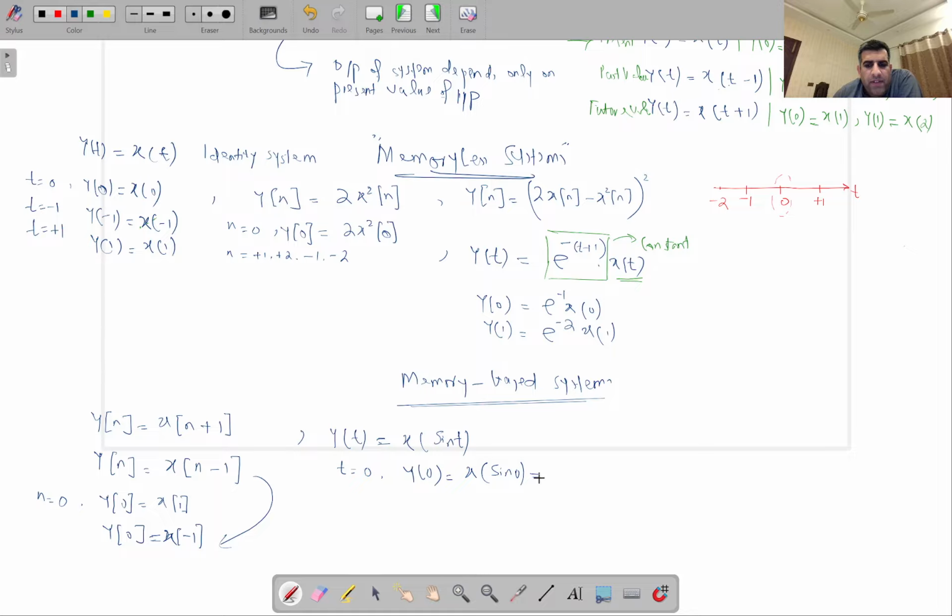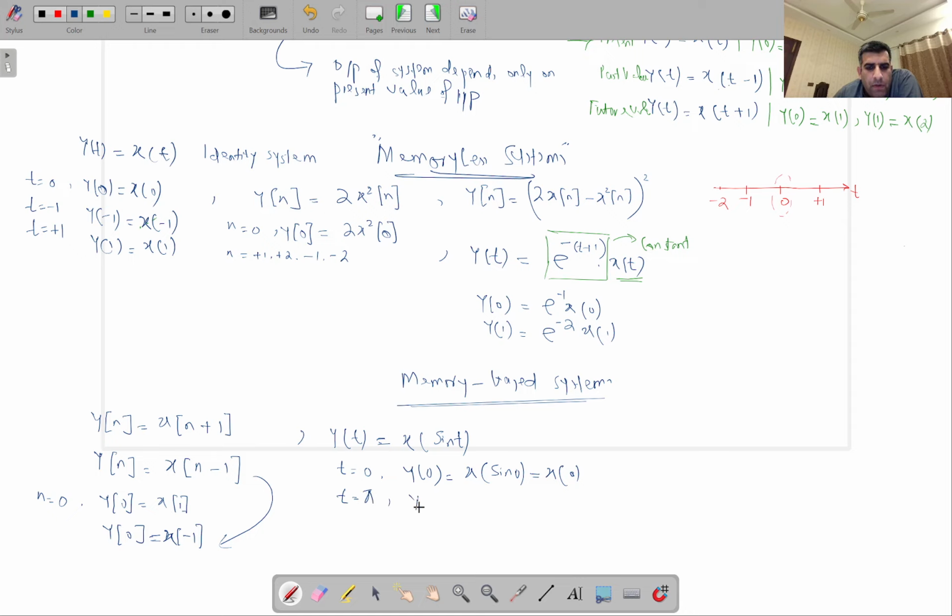And we know that sine 0 is equal to 0. Okay, so at t equal to 0, we can see that y of 0 is equal to x of 0. But you need to try 3 to 4 different values in order to get an answer. So let's try another value. Let's take t equal to pi.